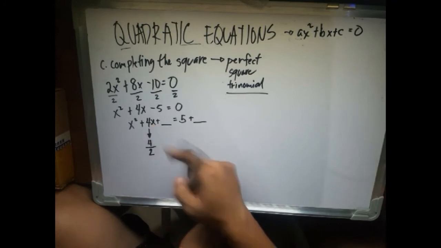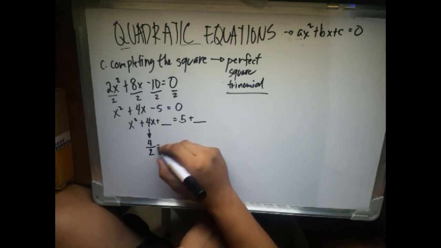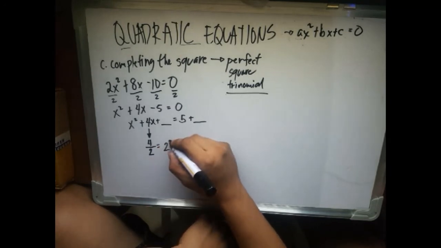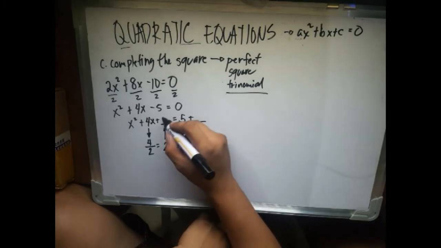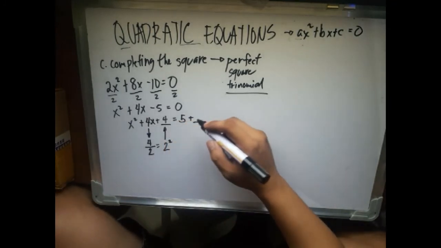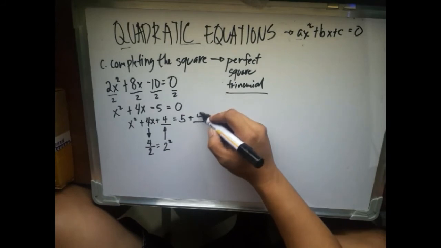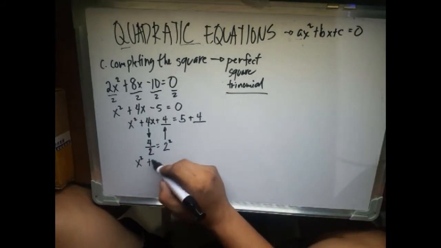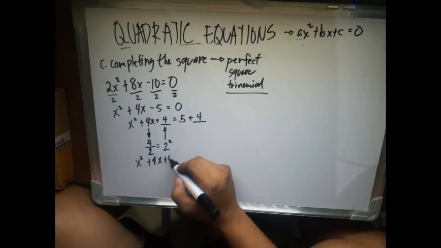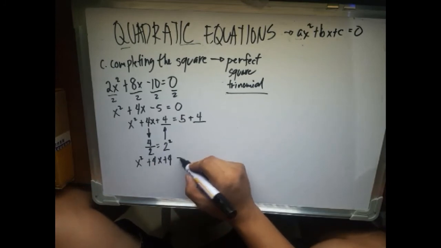Divide natin sa 2. So, that's 4, divided by 2, the answer is 2. Tapos, squared natin. 2 squared, 4. So, kung anong in-add mo doon na 4, we will also add 4 here. So, this will become x squared plus 4x plus 4 equals sa 9.